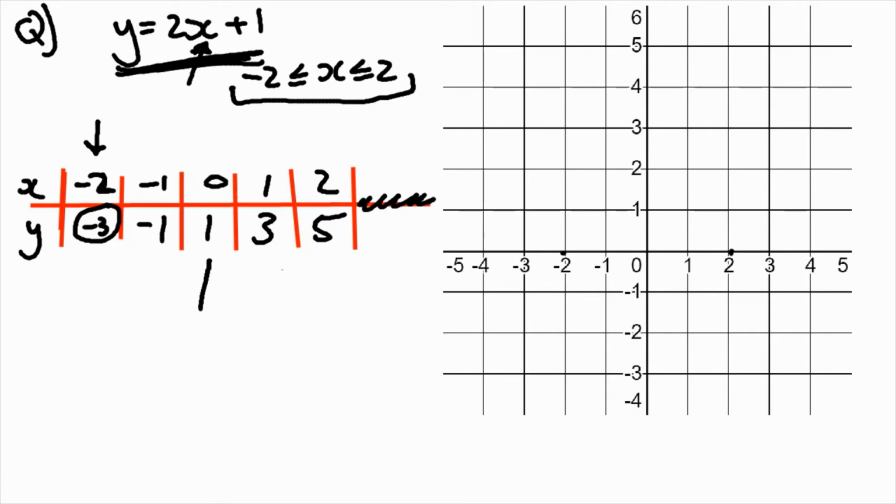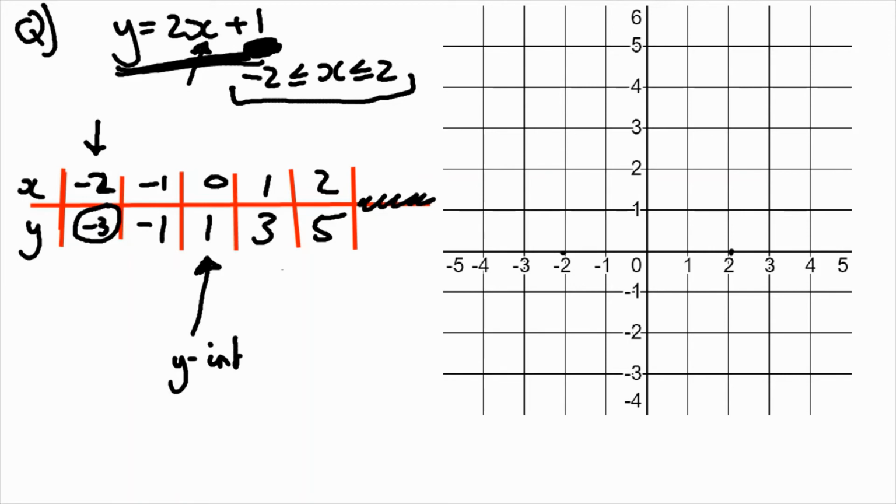Now, when x is 0, that's when it's going to be crossing the y-axis. So this number here is going to be our y-intercept. Now, does that agree with our equation above? Well, yes, it does, because our y-intercept in our equation above is +1.